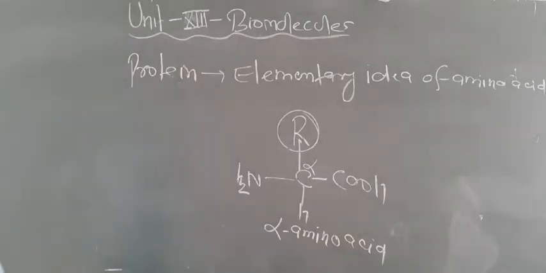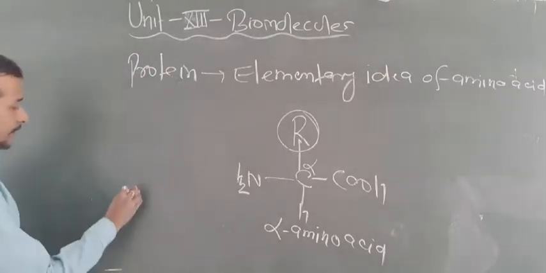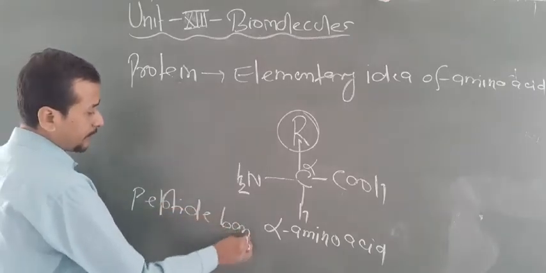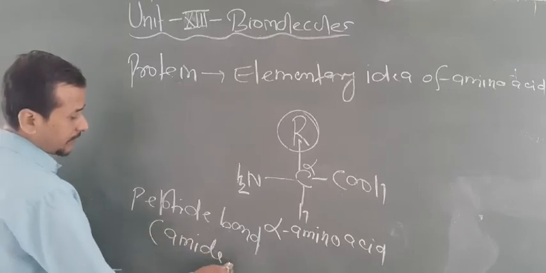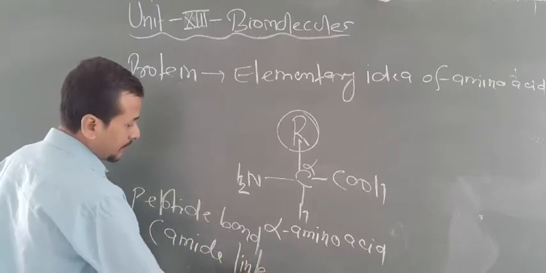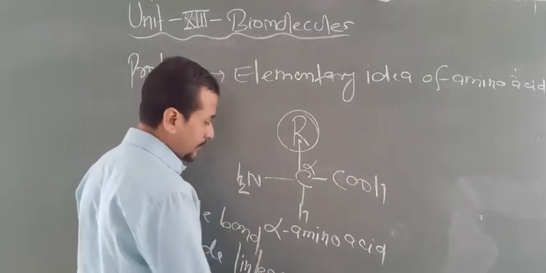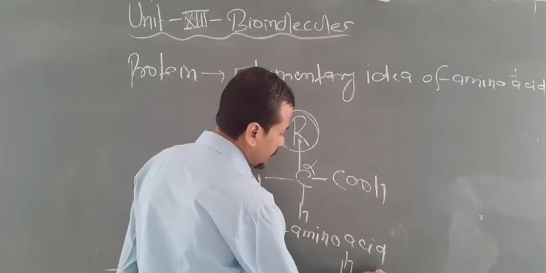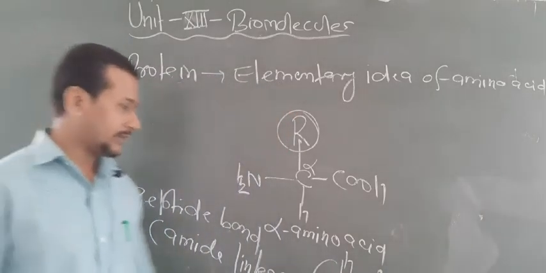So about this you have to know what the amino acids are. Then you have to know the peptide bond. This is also known as amide linkage, because here the bond formation occurs between NH and C double bond O, that is known as amide.